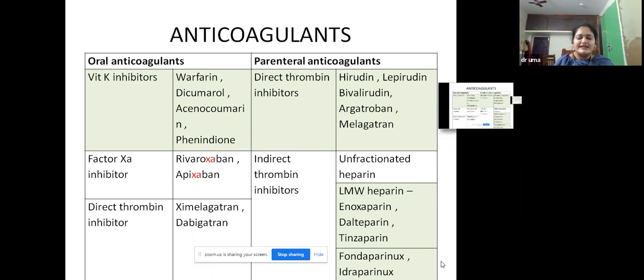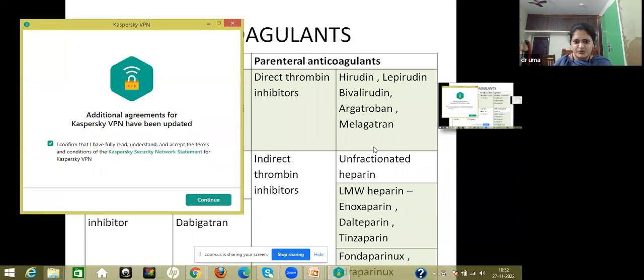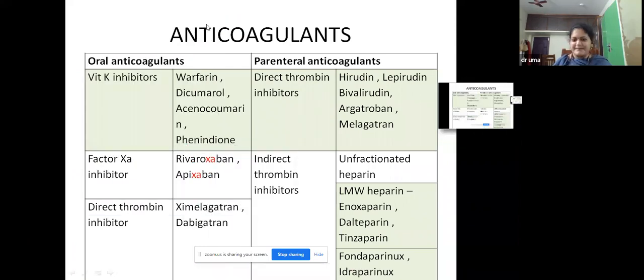Oral ones are dabigatran and ximelagatran. Hirudin, lepirudin, bivalirudin, argatroban, and melagatran are direct thrombin inhibitors by the parenteral route. Indirect thrombin inhibitors are heparin, low molecular weight heparin, fondaparinux, and idraparinux.